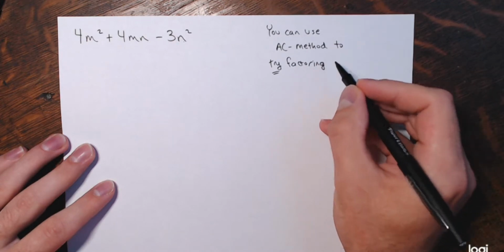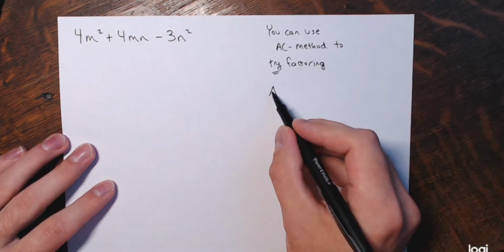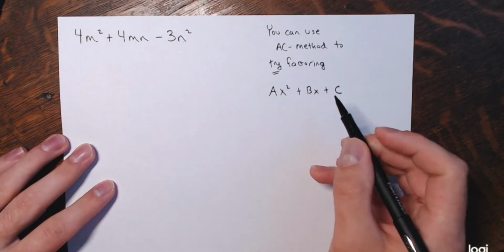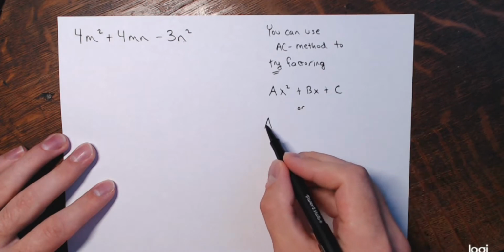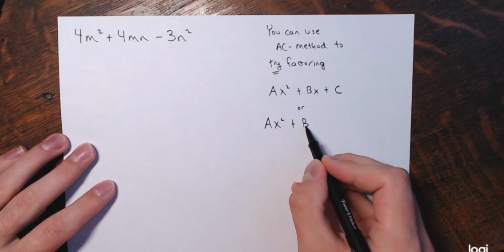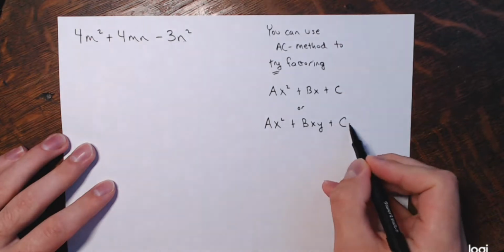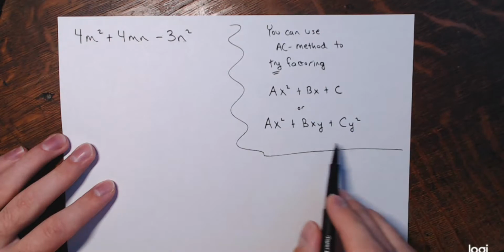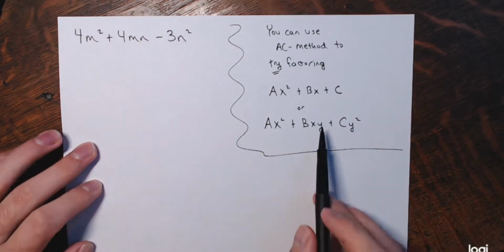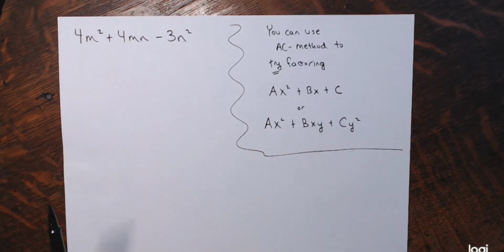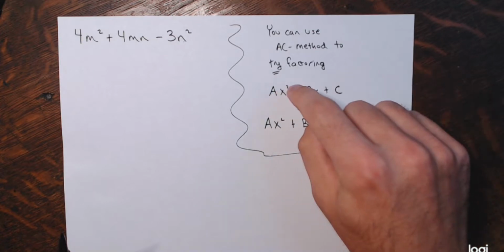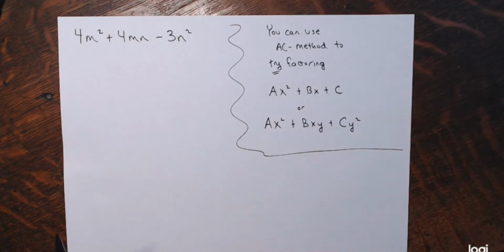Some are going to be prime, but a times x squared plus b times x plus c, which we've seen with one variable, or ax squared plus bxy plus cy squared, with two variables, which this takes on that form. It's just instead of x and y, I've got m and n. But either one of these, you can try factoring using this AC method, as long as they're written this way, where the powers of one variable are decreasing and the powers of the other one are increasing.